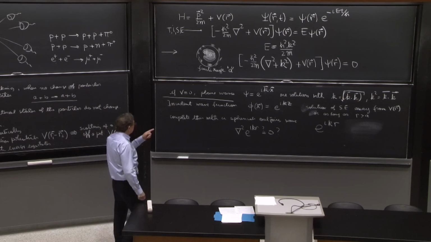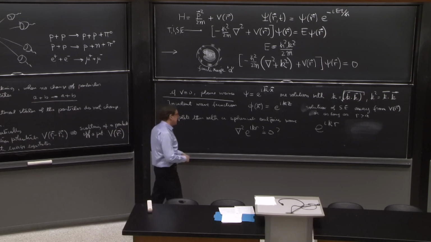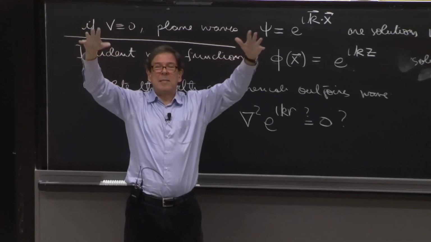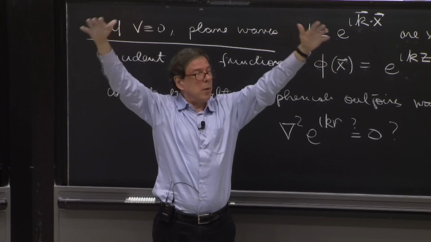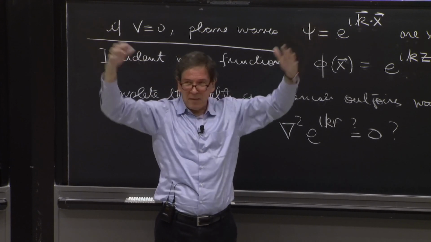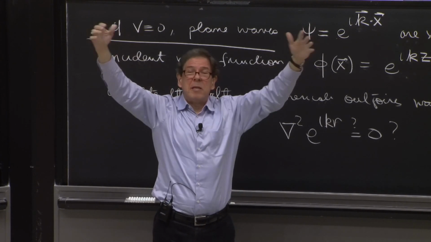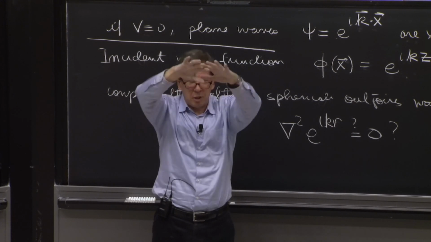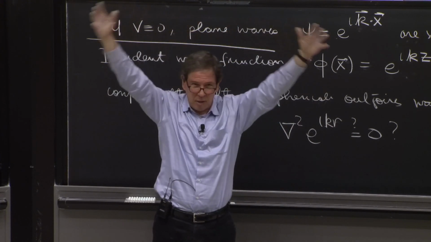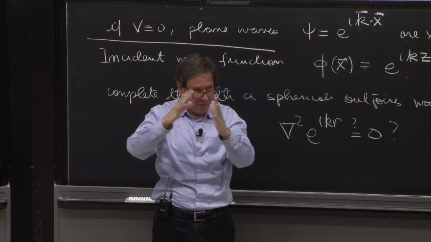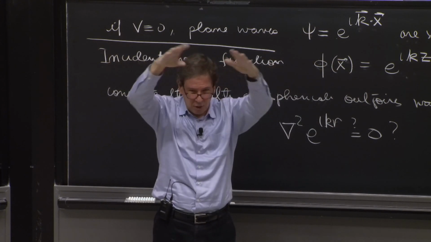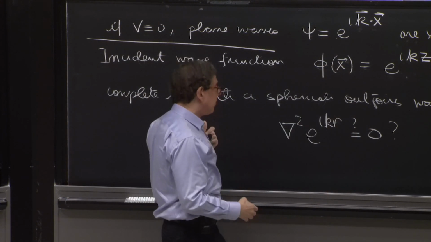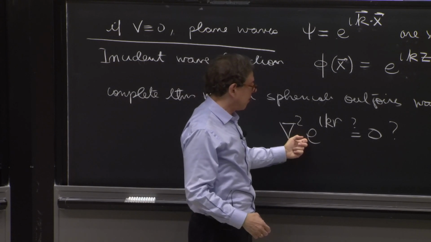It's pretty bad, but the reason it's bad is physically clear. This wave, as it expands out, must become weaker and weaker so that the probability flux remains constant. You don't want an accumulation of probability between a shell at 1 kilometer and a shell at 2 kilometers. Whatever flux is going out from the shell at 1 kilometer should be going out of the bigger shell. So therefore, it should fall off with r.